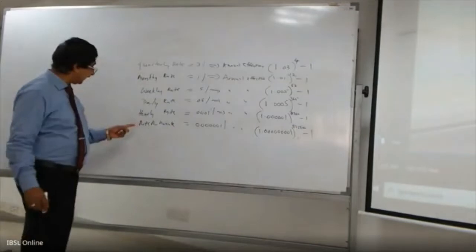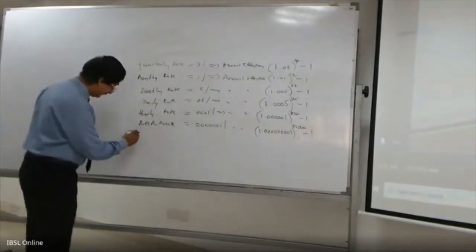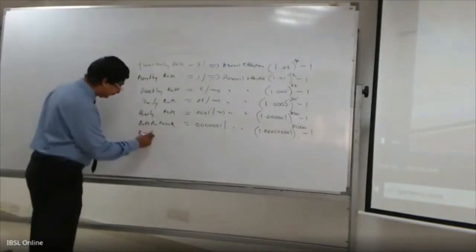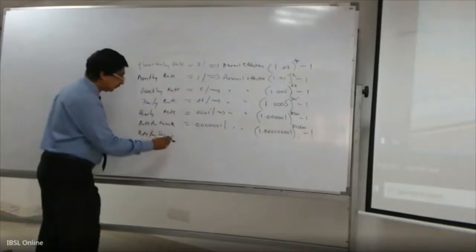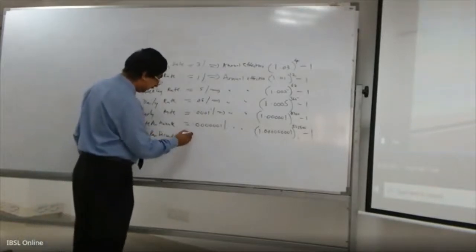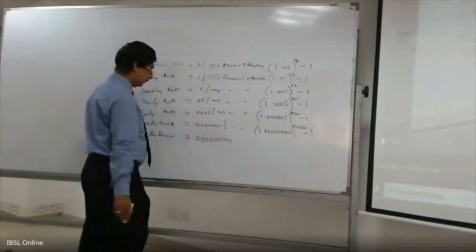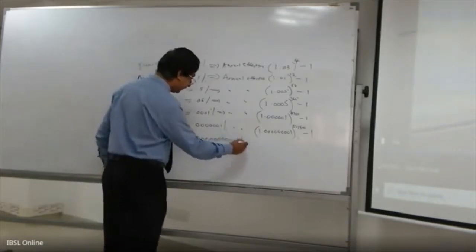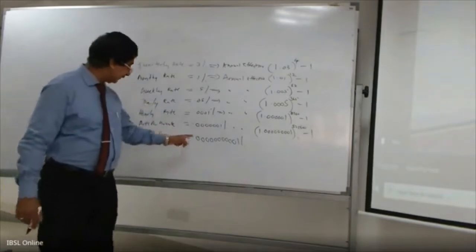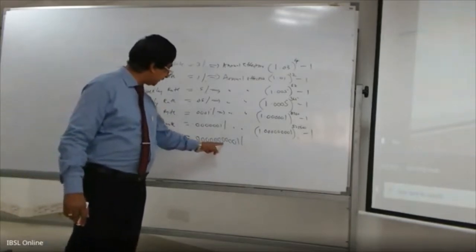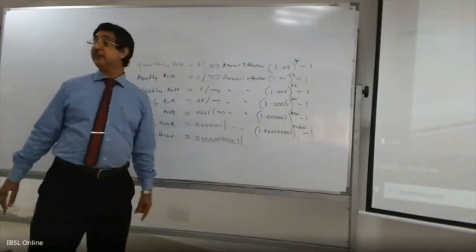If I put it for 8 per second, we will put 0, 0, 0. How many zeros here? 1, 2, 3, 4, 5, 6, 7, 8, 9, 10. 10 zeros.